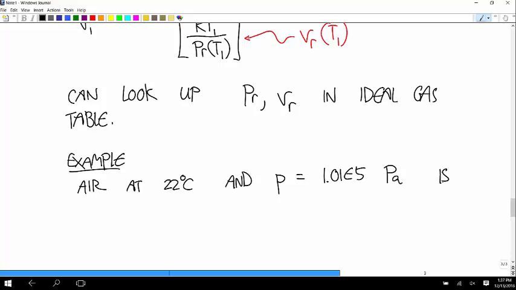And then we compress it in a syringe to half its initial volume.